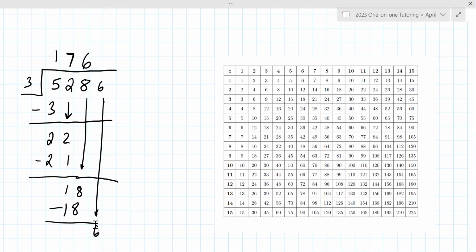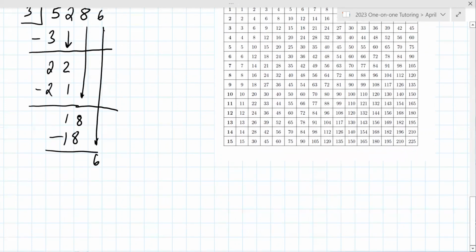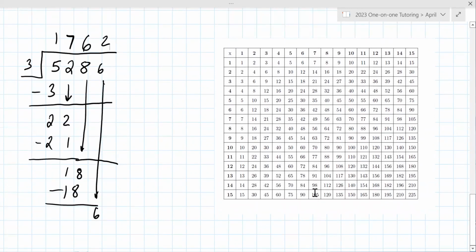And how many times does 3 go into 6? 3 going into 6, 2 times. 2 times. Good. Okay, what's the last step here? So what are we supposed to put?